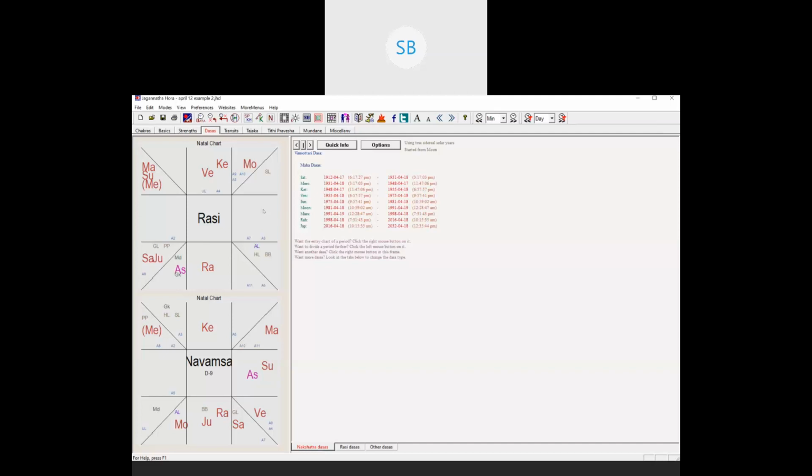The homework that I want to give you guys is to open up an Excel sheet and write down who your Lagna Lord is. Write down all the lords for each and every bhava, from 1 to 12. Note which position each lord is in, and whether he is aspected by anybody.